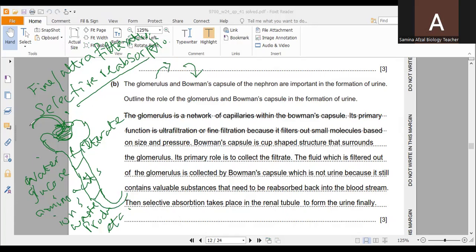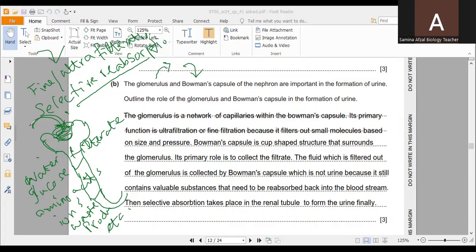First of all, I would like to explain the Bowman capsule, because after ultrafiltration, the filtrate enters into the cup-like structure. It surrounds the glomerulus. Its primary role is to collect the filtrate. After fine filtration by the glomerulus, the filtrate enters the cup-shaped Bowman capsule.